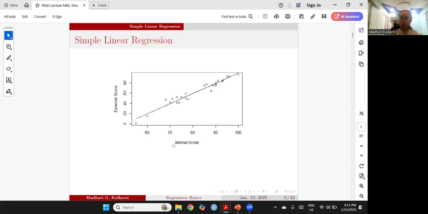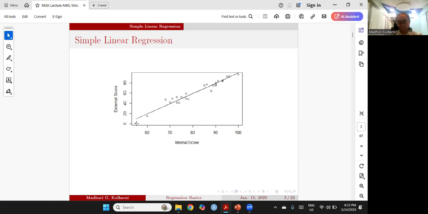What one can easily do is look at the plot of the response variable against the regressor. This kind of plot is called a scatter plot. You look at the plot of internal scores and external scores together, and if the points are around a line, if you can approximate these points by a line, then you can go for a linear regression model.